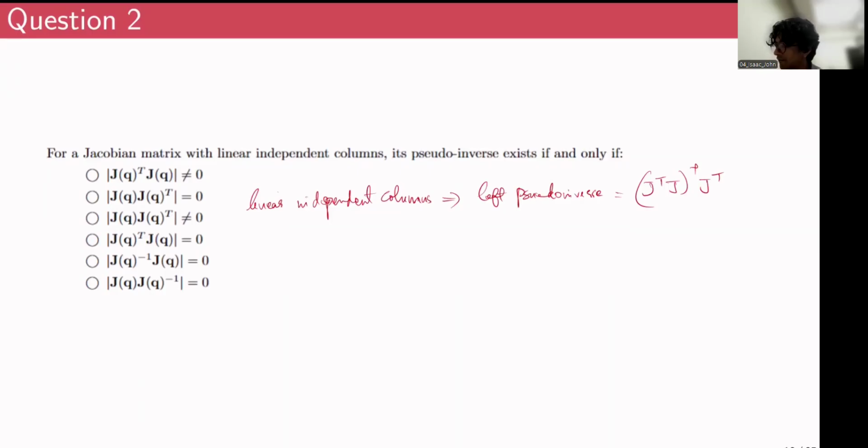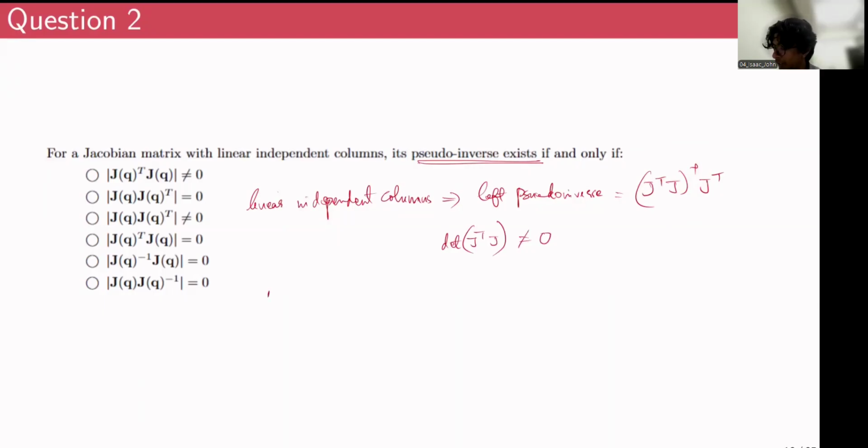And for this left pseudo inverse to exist, this should be invertible, right? This matrix J transpose J should be invertible because there is an inverse term over here. So for that pseudo inverse to exist, determinant of J transpose J should not be 0, right?